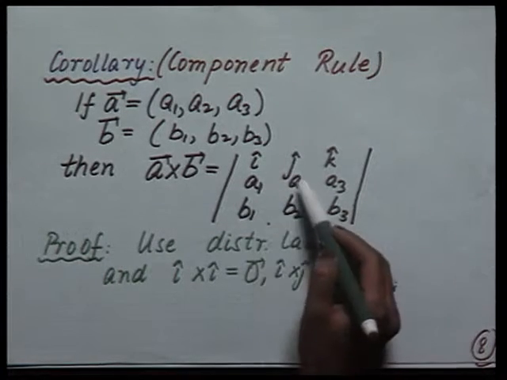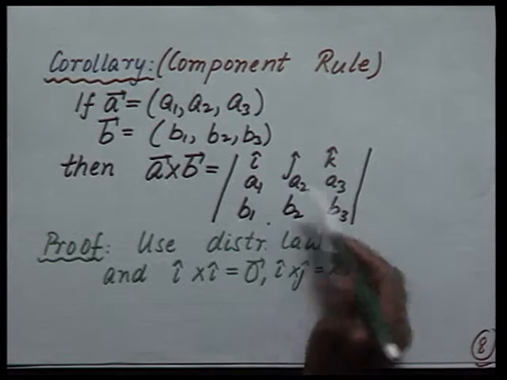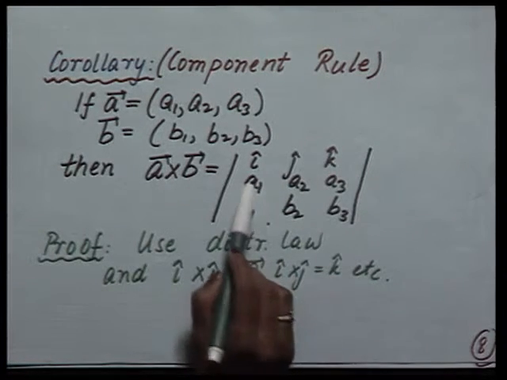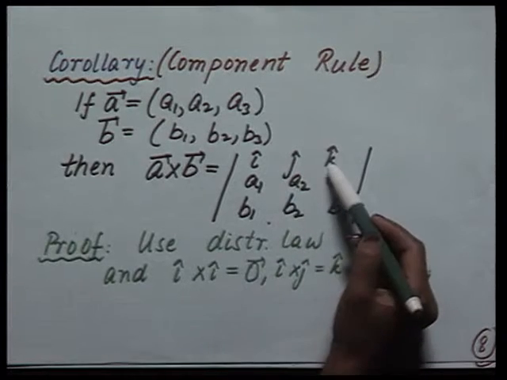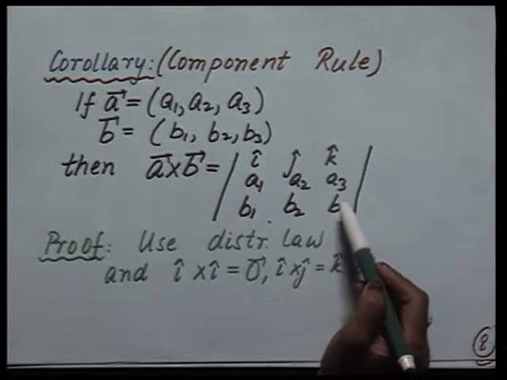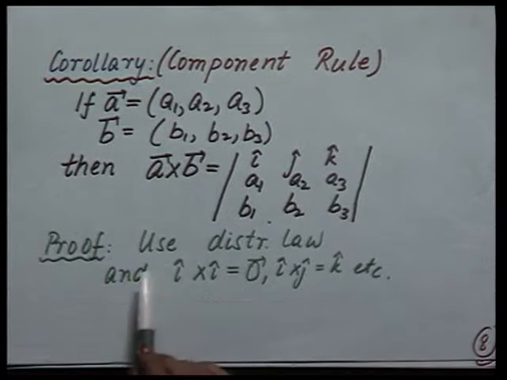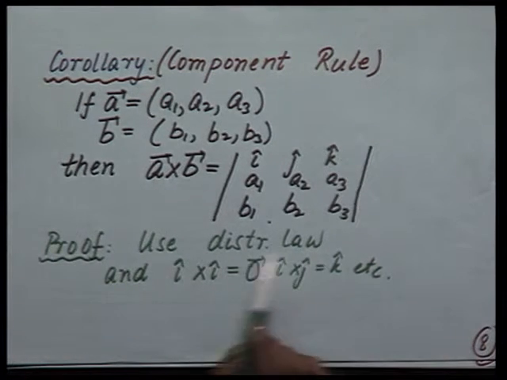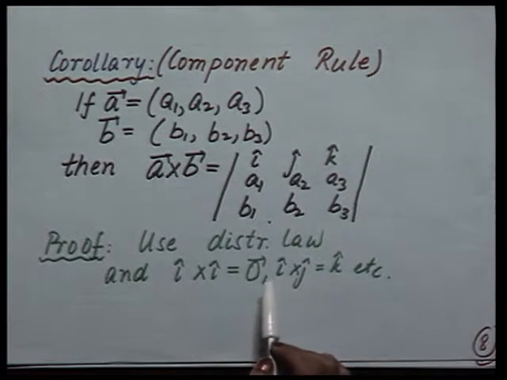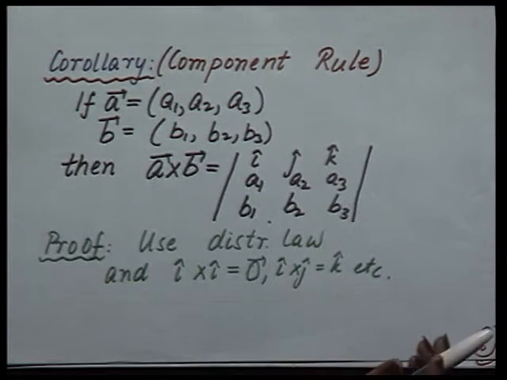This means (A2B3 minus A3B2) into i minus (A1B3 minus A3B1) into j plus (A1B2 minus A2B1) into k. Right, the usual rule for determinants. And this can be proved very easily by writing A and B as A1 i plus A2 j etc. and using the distributive law. And of course, the fact that i cross i is 0, j cross j, k cross k are 0, and i cross j is k etc.